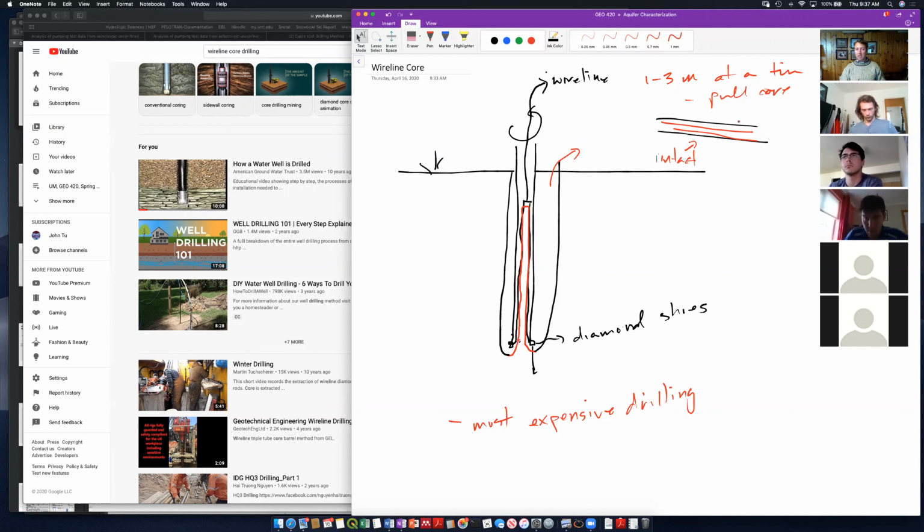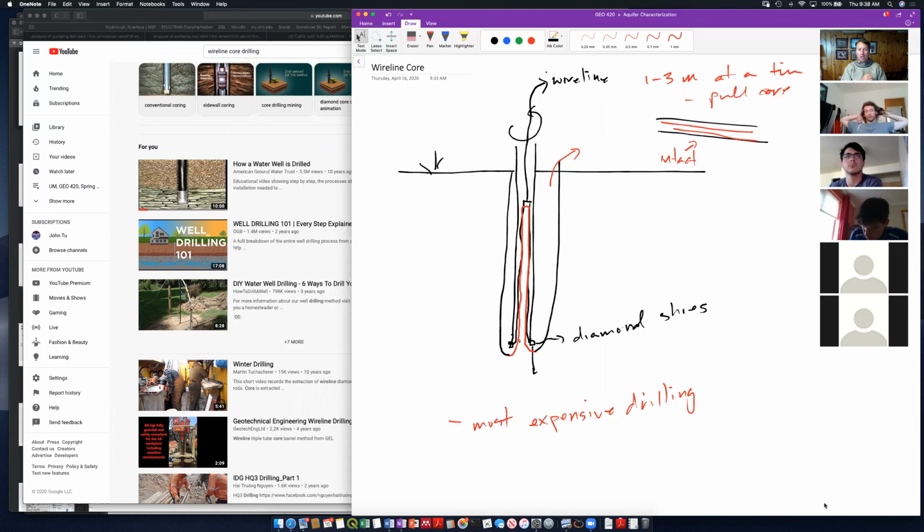So you can log it, you can run tests on it. You can analyze it. It's perfect core for doing hydraulic conductivity measurements. So this is like the gold standard.